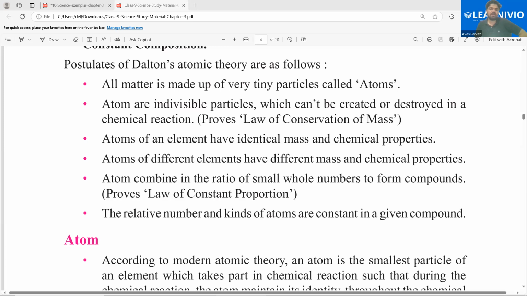What are the postulates of Dalton's theory? Speak.